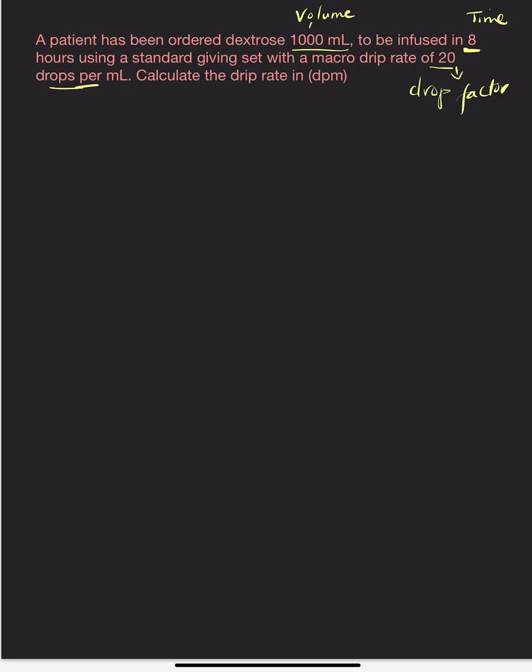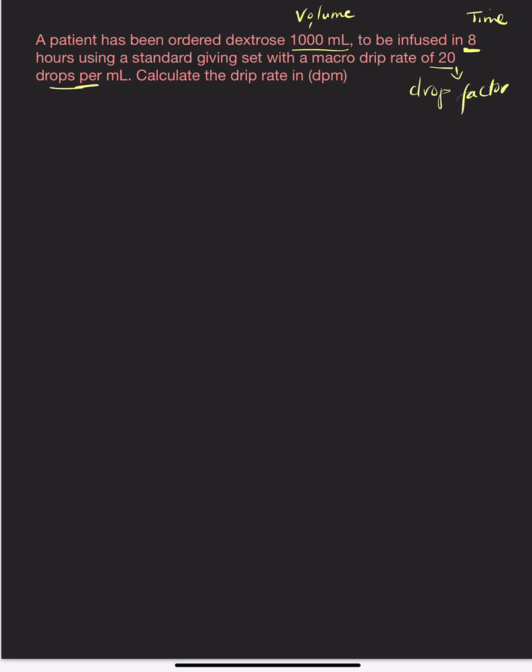This is technically for babies because they have smaller veins, so you need to give so many drops just to make 1 milliliter. In this scenario we have 20 drops per mil, so for sure this one is for an adult because the veins are quite big, so they can have those big drops coming through. Just 20 of them will make 1 mil.